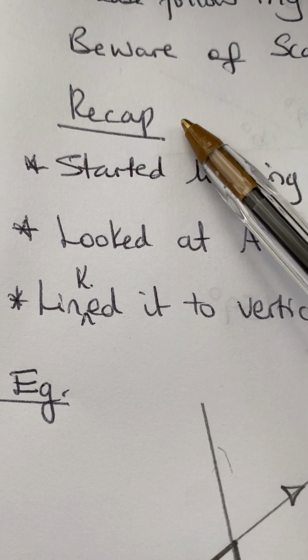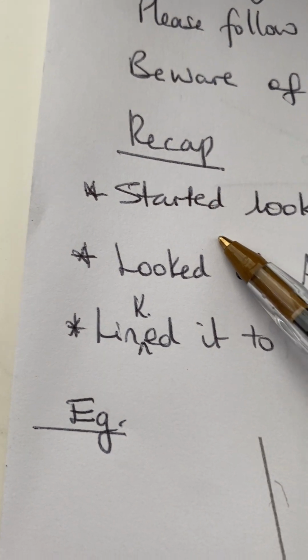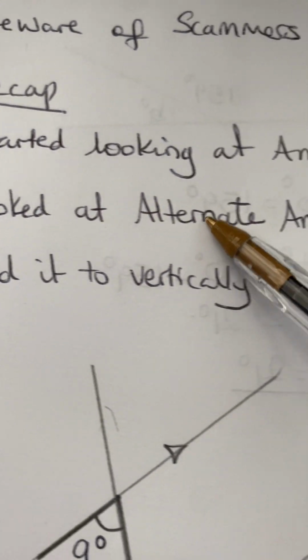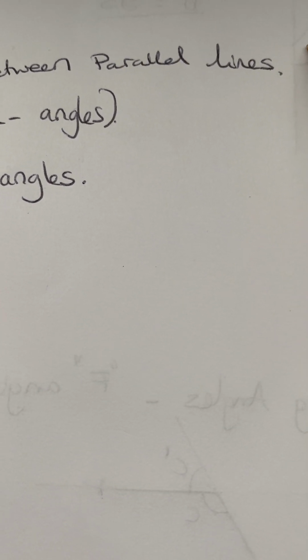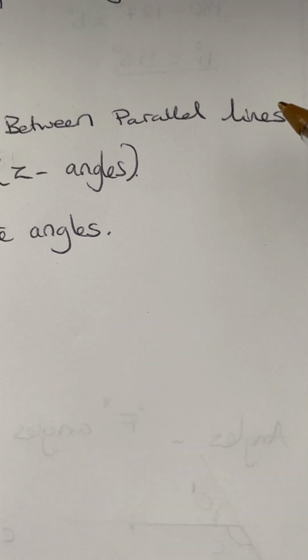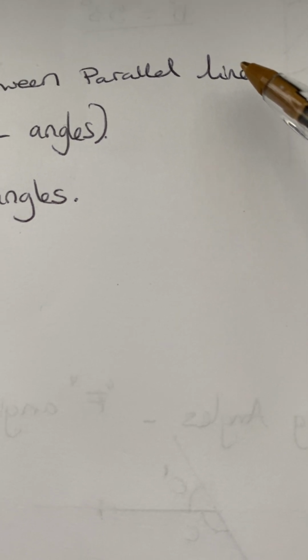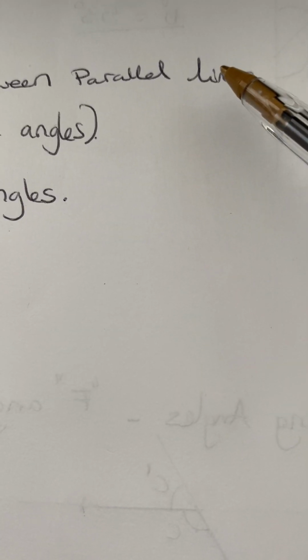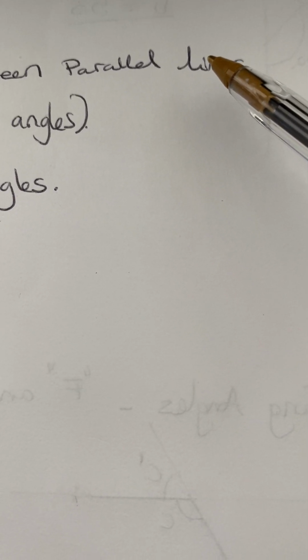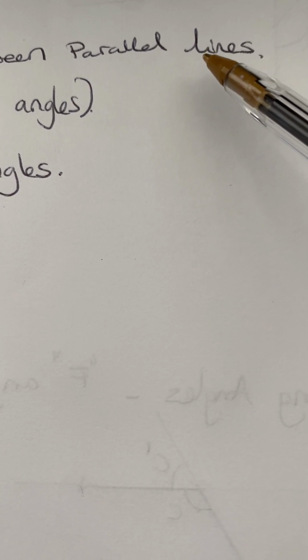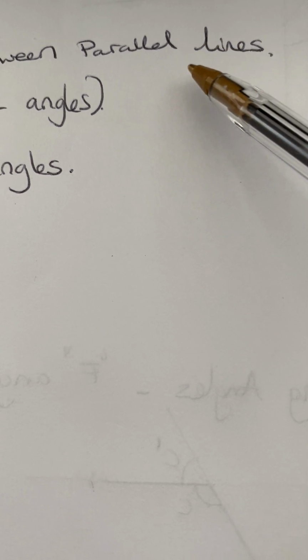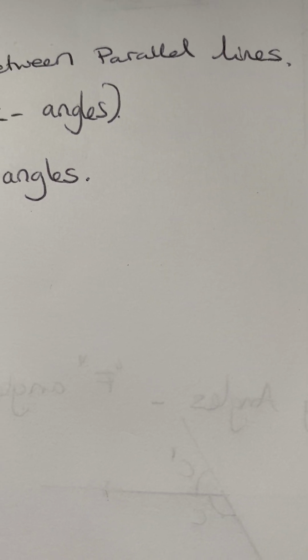To recap from last lesson, okay, we started looking at angles between parallel lines. Okay, so I said to you, parallel lines are like the end of a road, or you have two roads, one end and the other end.